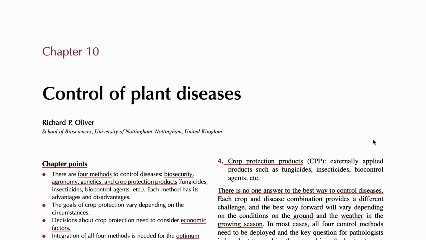In the further chapters, you will see diseases. Okay. Diseases of fungi, bacterial diseases, viral diseases. So all this will come up in the following chapters. But for all of us to understand plant pathology, the first 10 chapters are the most important chapters that everyone should study before heading to any competitive exams.